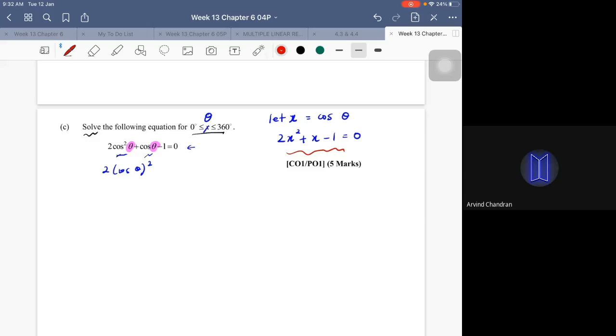Kena cari x. Okay, nak cari x tu sebenarnya apa yang kita buat? So what we did is kita factorize kan dia. And of course kalau you factorize pakai calculator lah. So somebody do it for me. Apa dia nilai yang you dapat?